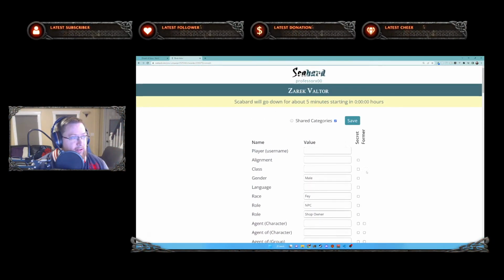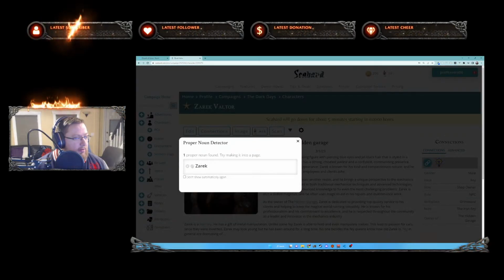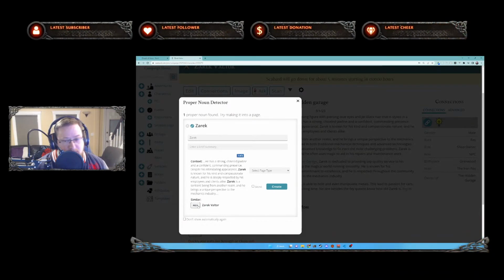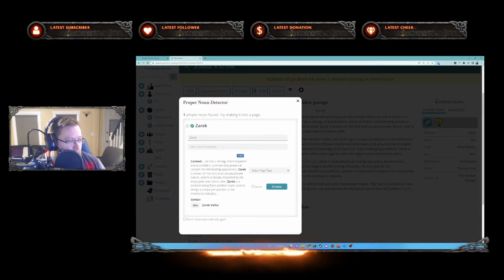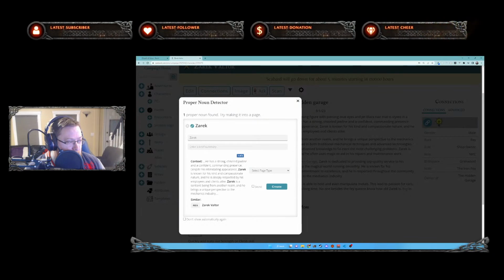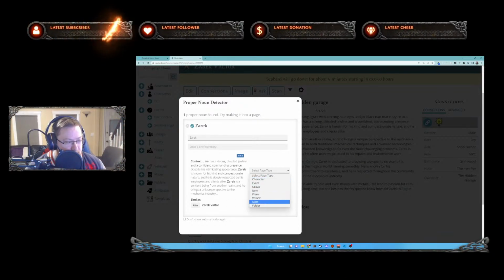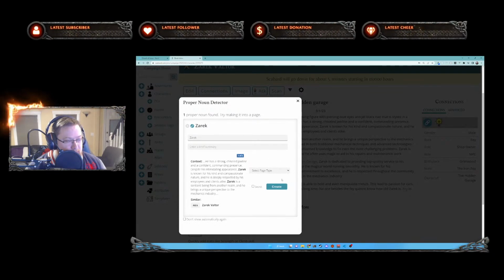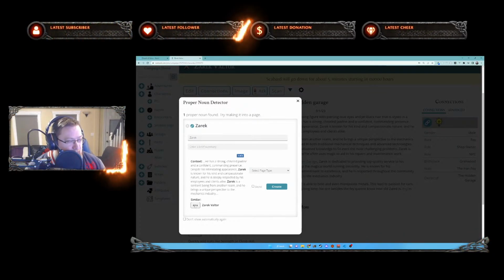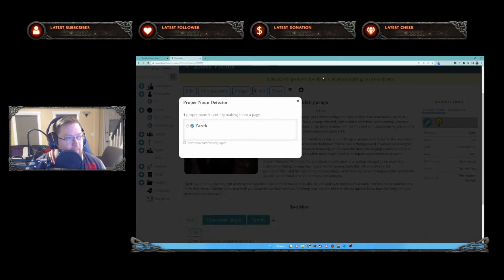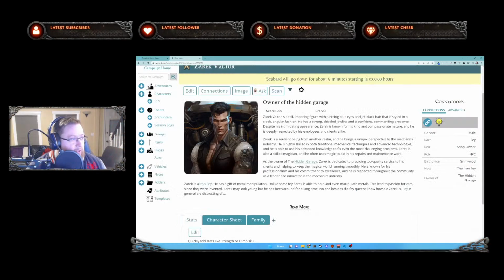Some of these can really come in great. If you don't have a proper noun listed, it automatically tries to detect it and gives you the options of entering it as a page type. Once you do that, it gives you the option of linking that to something else. For now, this is the same as this one, so I'm just going to mark it as similar.